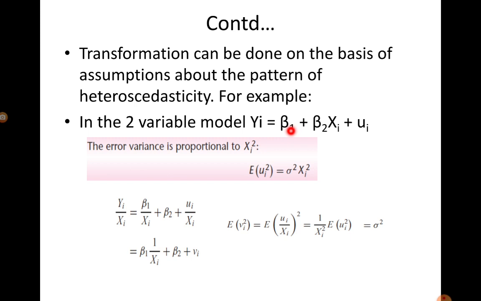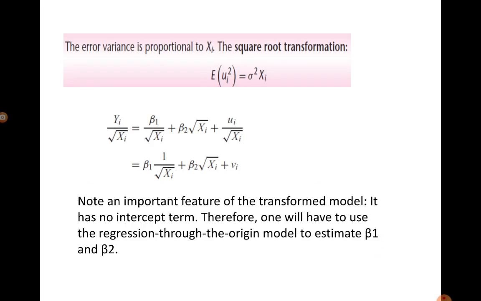All right, but of course I'm just pointing this out to you, the statistical package will do all of this. Just understand the logic of the transformation and ensure that in the transformed model the error term is homoscedastic, that is, its variance is constant. So even in this model it can be shown that this error term vi in the transformed model is homoscedastic.